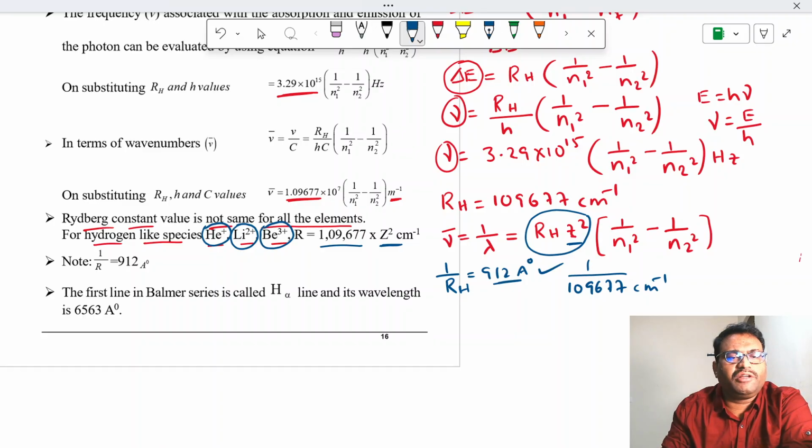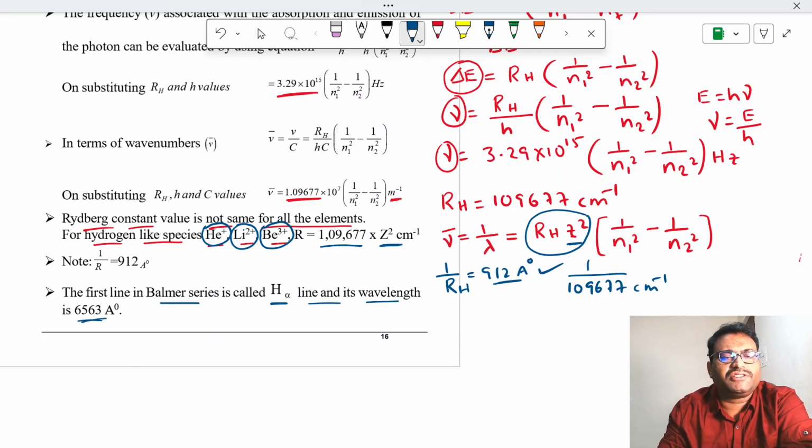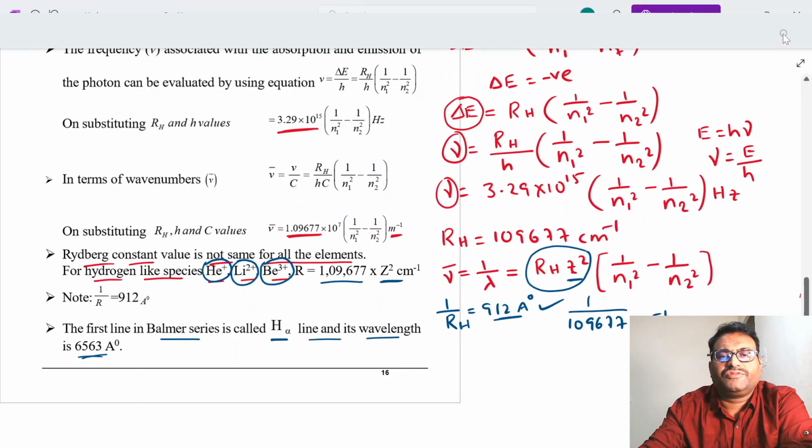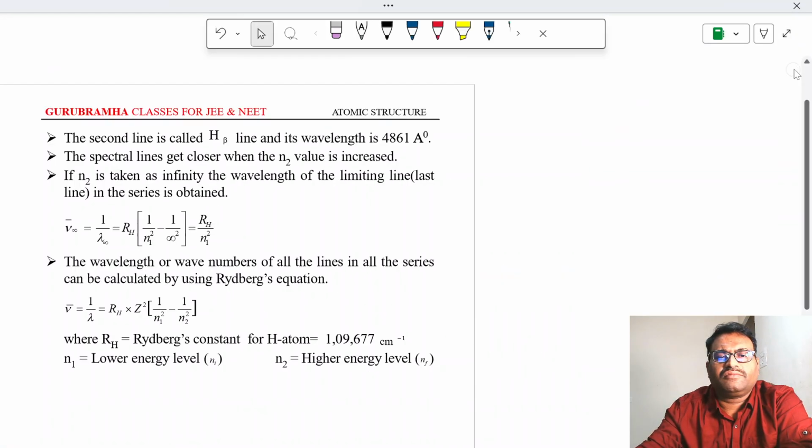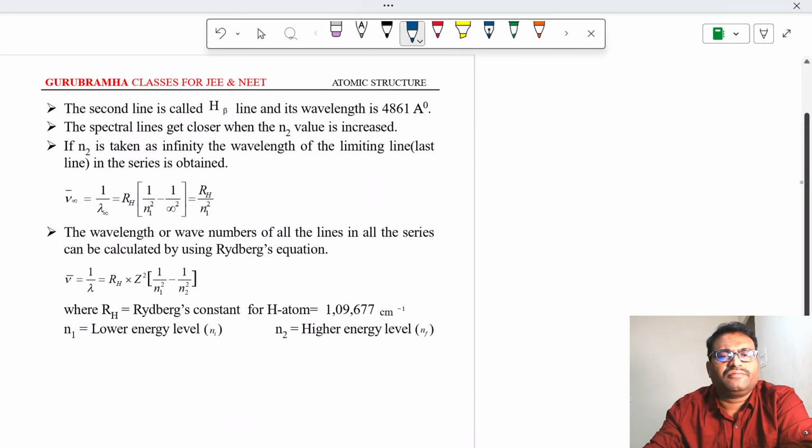So the first line in the Balmer series is also called the H alpha line, and its wavelength is equal to 6563 angstrom units. Already in the first part of hydrogen spectrum, I discussed what is meant by H alpha. So let us see once again.